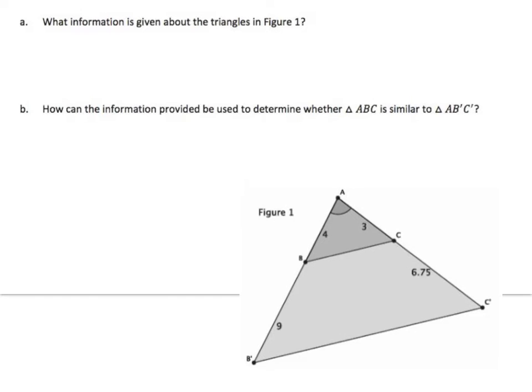So first of all, what information is given about the triangle in figure 1? We know that angle A is common. They share that angle, therefore congruent. We also are given information about some sides. So angle A is common, and we know some side measurements.